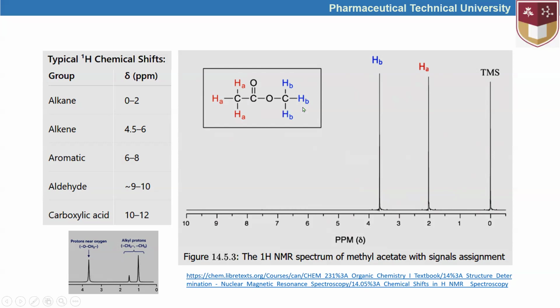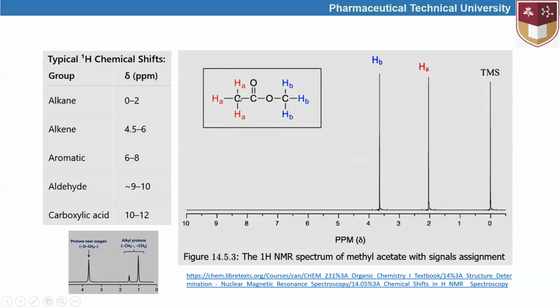And these three hydrogen atoms are linked to the carbon atom that is linked to the oxygen, okay? This is the point we have to understand. These three hydrogen atoms have higher electron density than these three hydrogen atoms that have lower electron density. Why lower electron density than these ones?